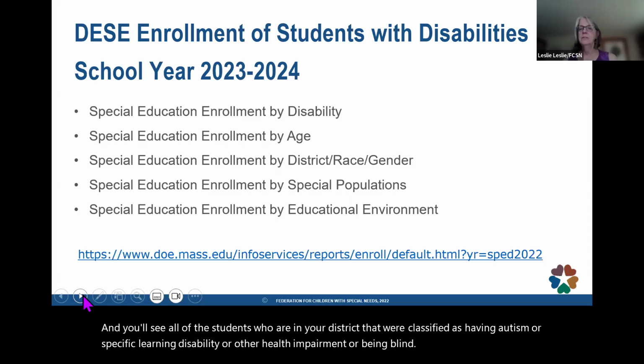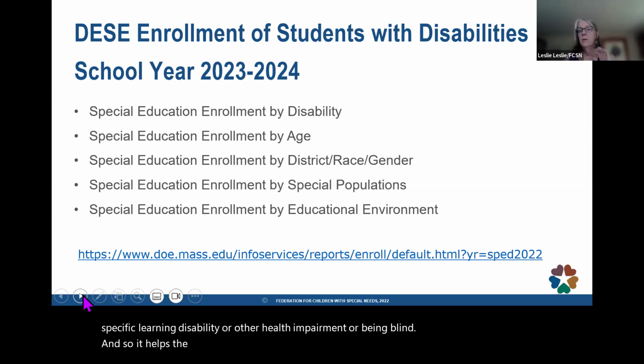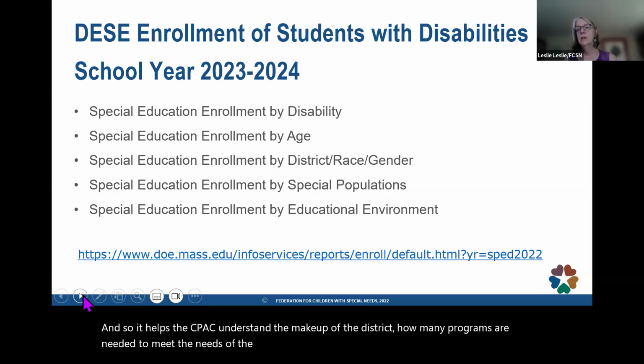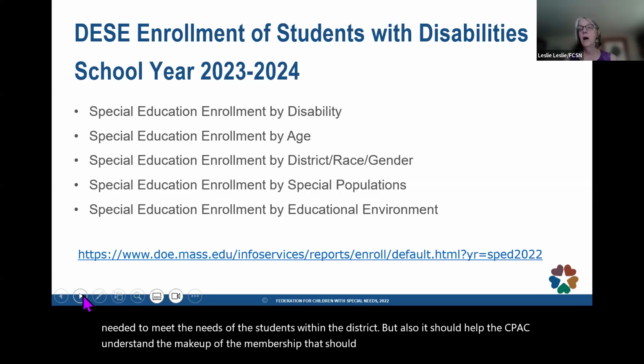And so it helps the CPAC understand the makeup of the district, how many programs are needed to meet the needs of the students within the district, but also it should help the CPAC understand the makeup of the membership that should be representative of the disability types within the district.